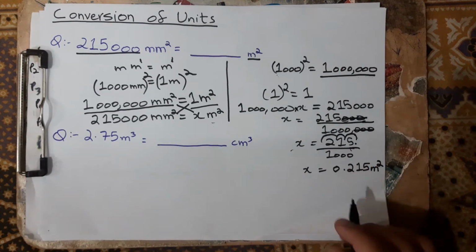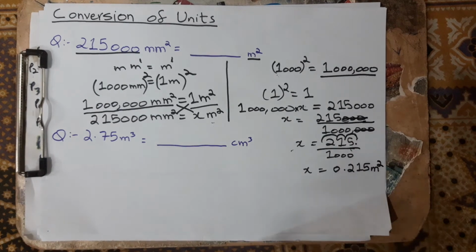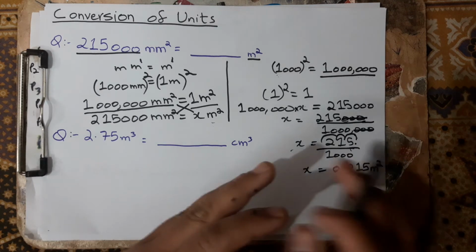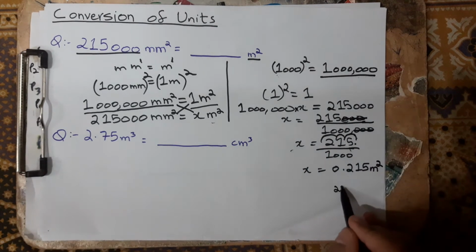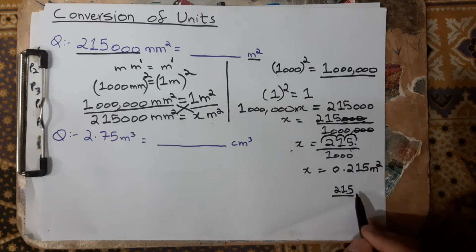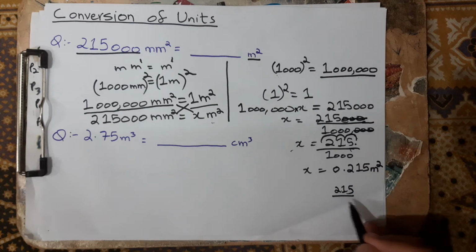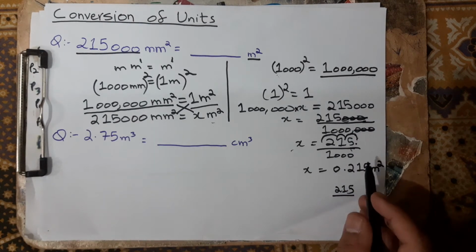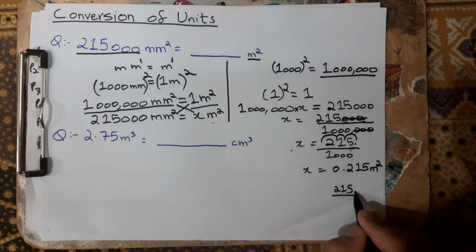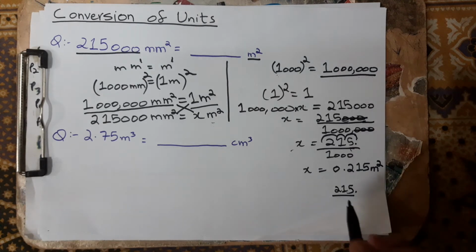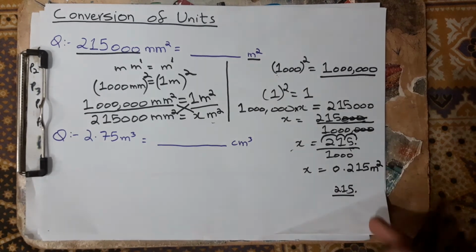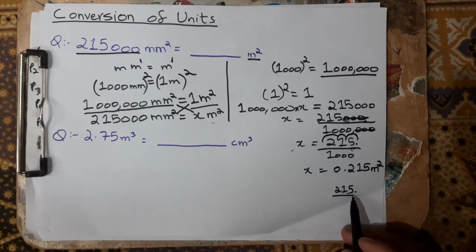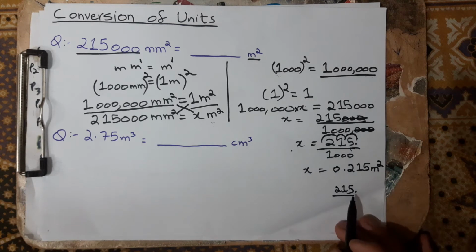Now always remember, it's a note here, you have to notice this point: if we don't have any decimal in a given number, always remember that the decimal is at the end of the last digit of that number.